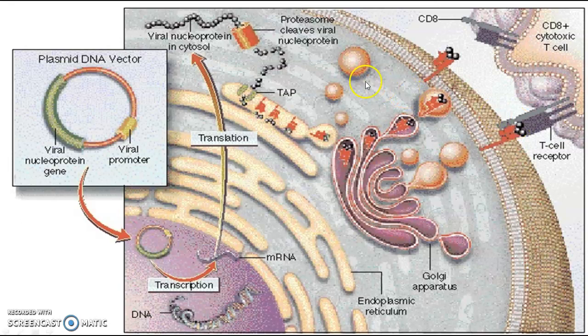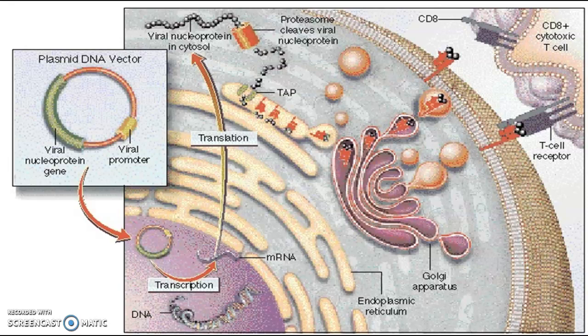At the same time, some of them will be released naive, that is, as antigenic protein which has not been broken down into pieces. In full form they will be released, which will activate the B cells. So in one way or the other, both B cells and the helper T cells will be activated. That means both the humoral immune system and the cell-mediated immune system will be activated.